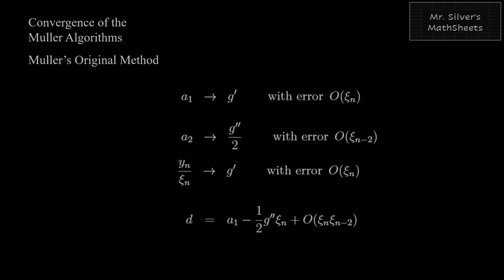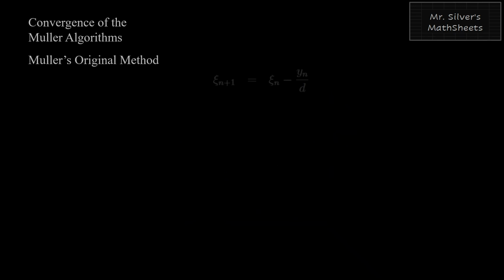So when we plug everything in, we get the second order term. It looks familiar, it looks small, but let's plug it in for the xi_{n+1} term.